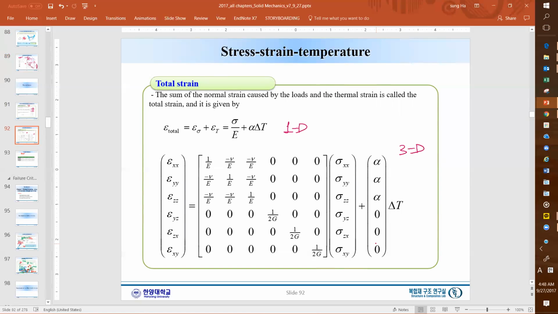If we try to plot this 3D version, it's simply this: the original shape before delta T, then it will expand in every direction like that.